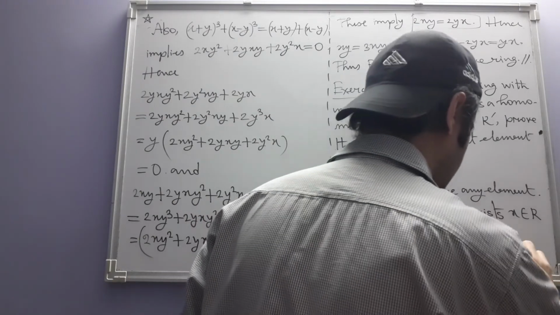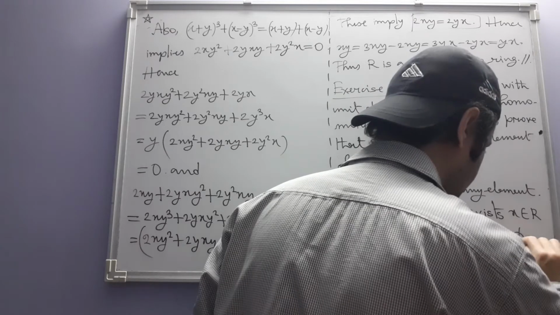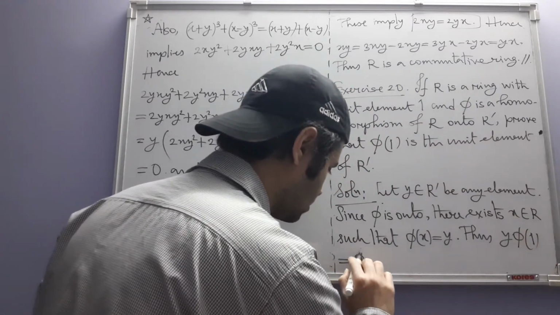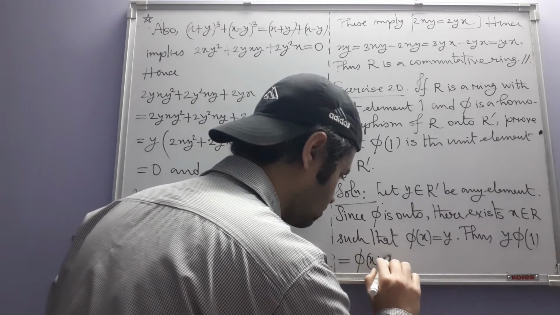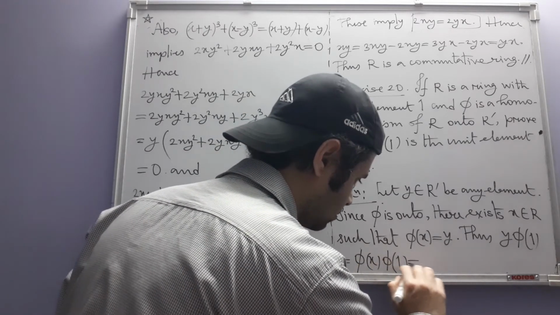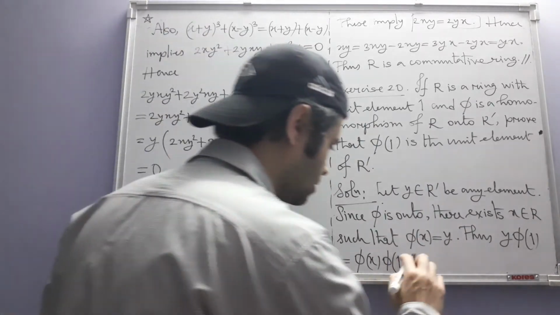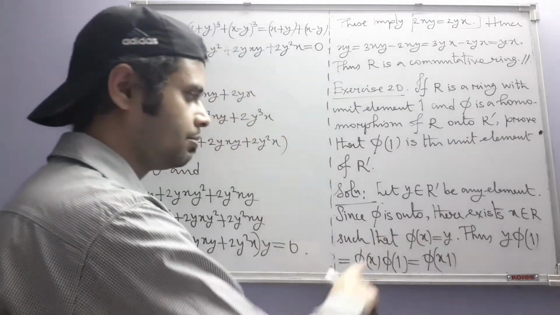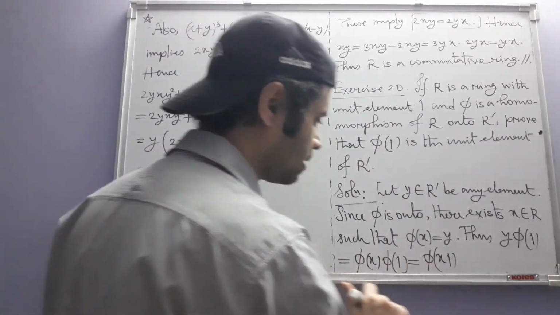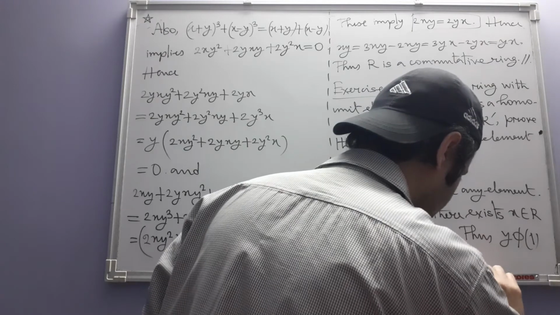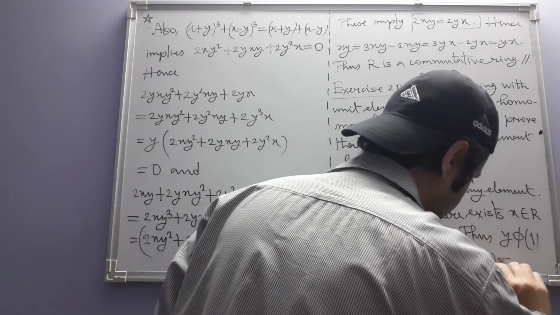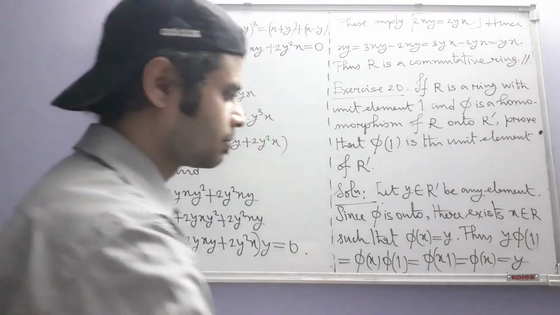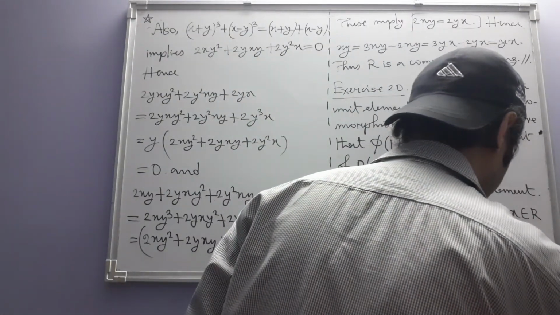Thus, if I multiply y by phi of 1, I can write it like this: phi of x, phi of 1. Since phi respects multiplication, this equals phi of x1, but since 1 is a unit element in R and x is an element of R, this is nothing but phi x, which is y. So you get this product as y. And there is one more.